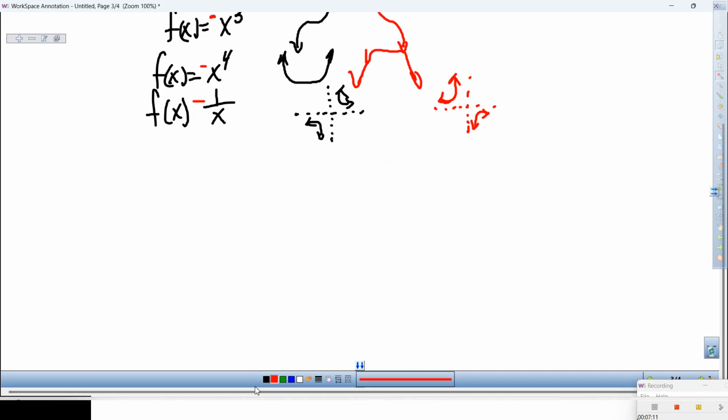Yes, Mr. Q. From there, we went to f of x equals 1 over x squared. When it has a squared on the denominator, the graph is here and here. Is that correct? However, if it has a negative in front of it, what happens to the entire graph? Mario? Yes, it changes, it flips.